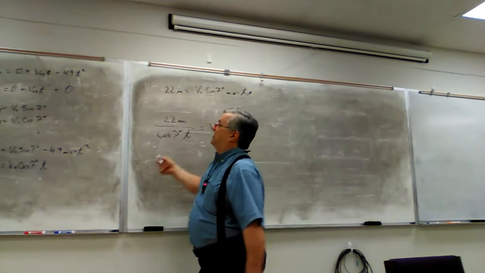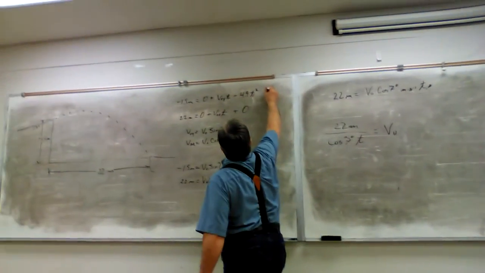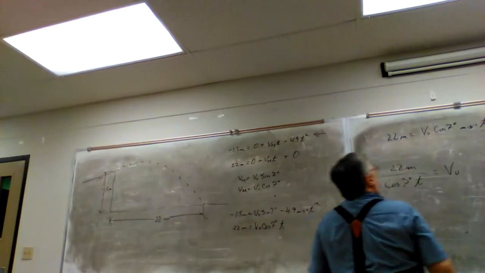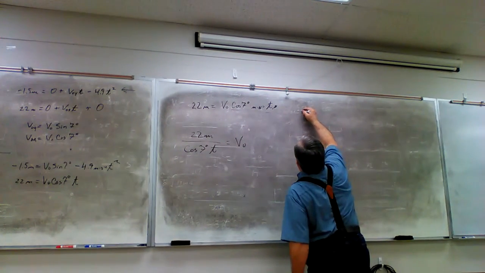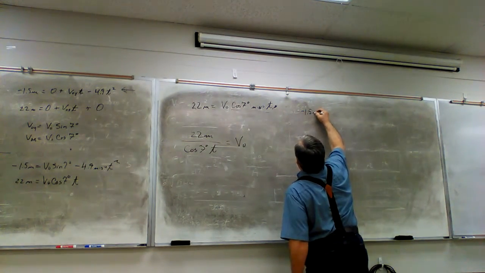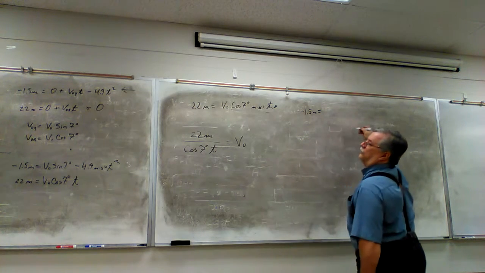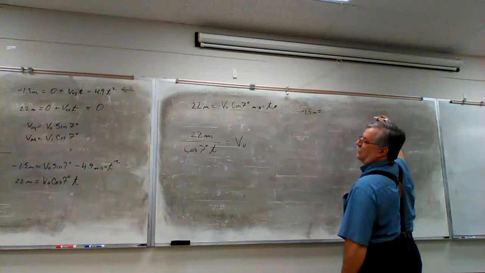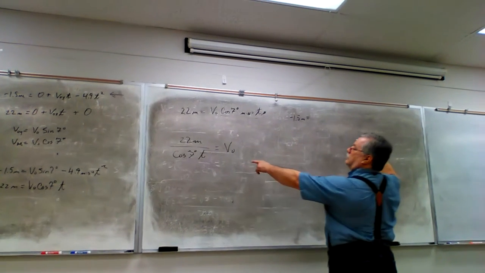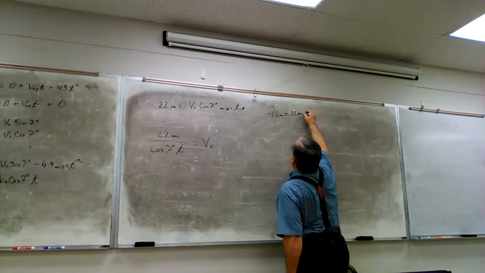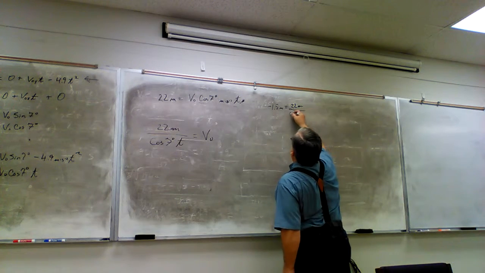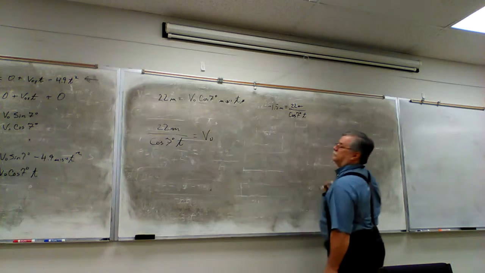Now let's plug this back into this equation and see what we get. We've got minus 1.5 meters is equal to v sub naught, which is 22 meters divided by cosine of 7 degrees times time.